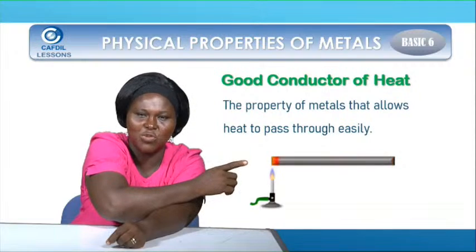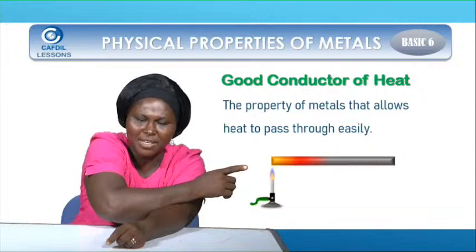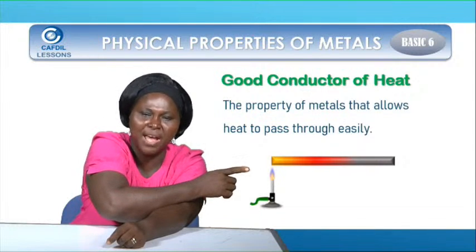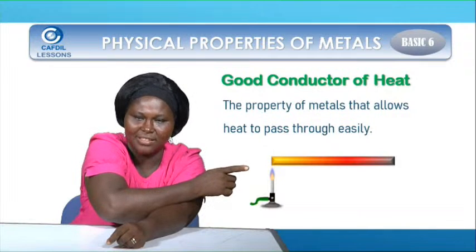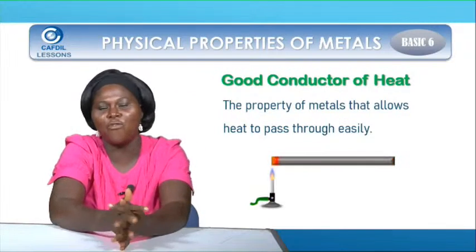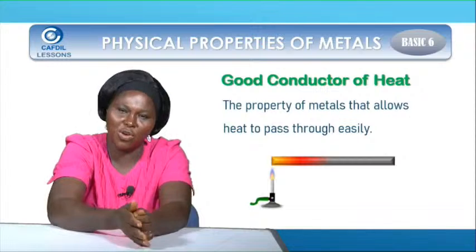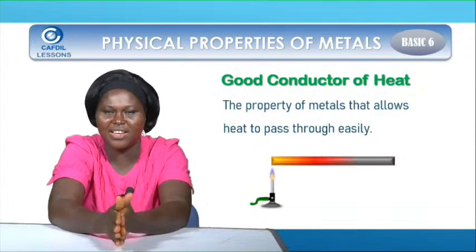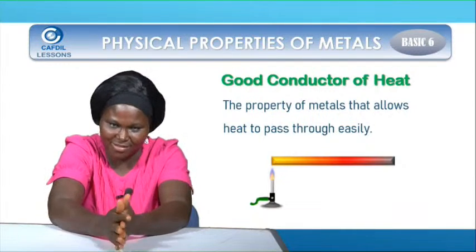Because it is a good conductor of heat, heat has passed through it. The particles at the end expand and it's heating. So metals show good conduction of heat, and it's one of the physical properties of metals.